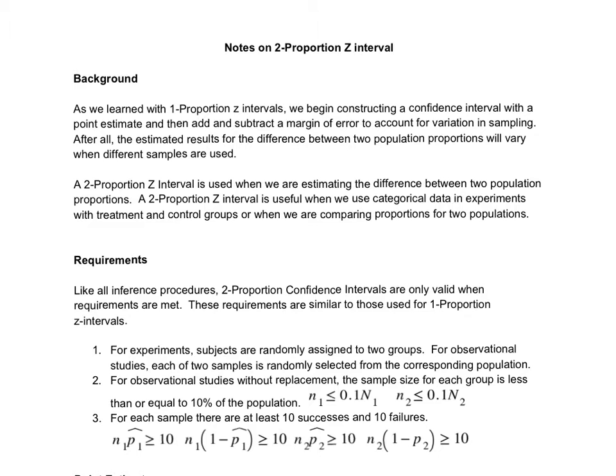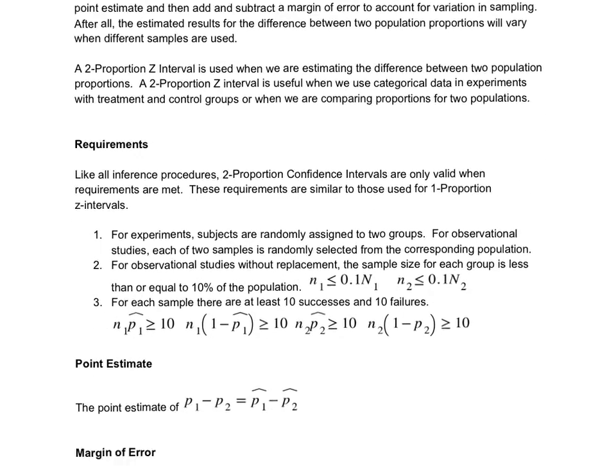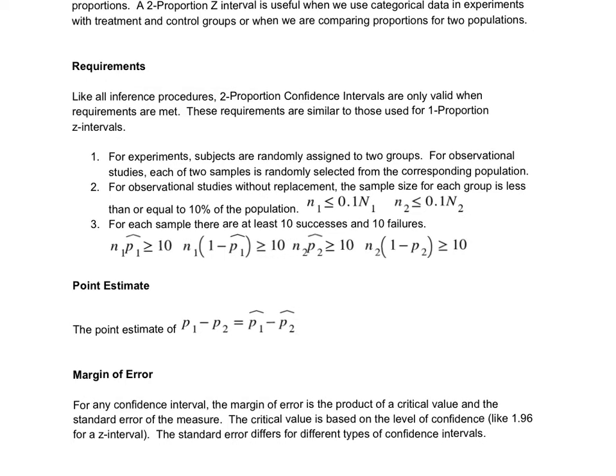As with one proportion intervals, excuse me while I change my cursor here, we have to meet the requirements. Those requirements are no different except that we have to test both samples. And we have to determine that both samples are no greater than 10% of the population.